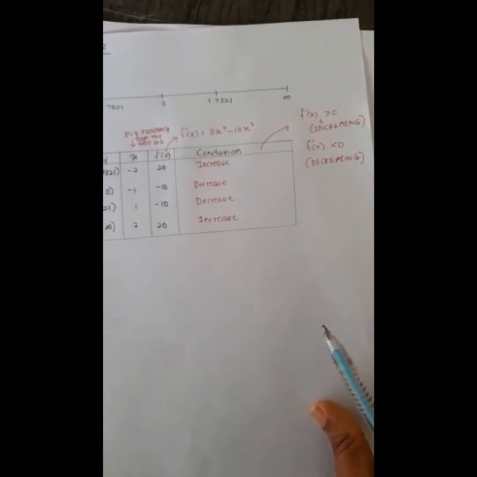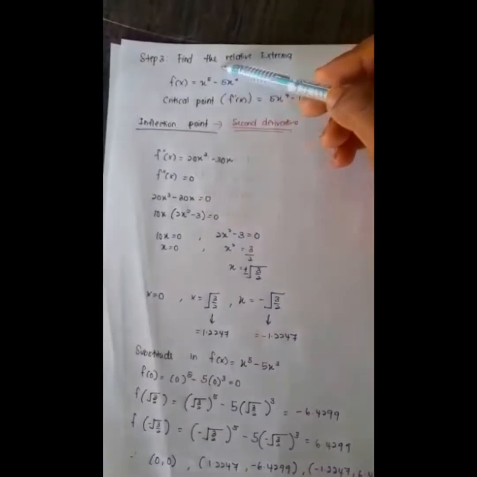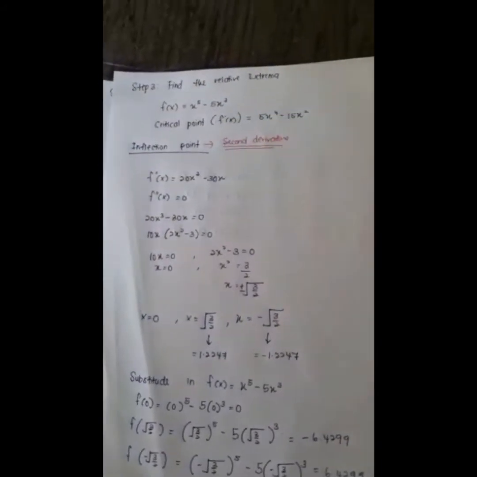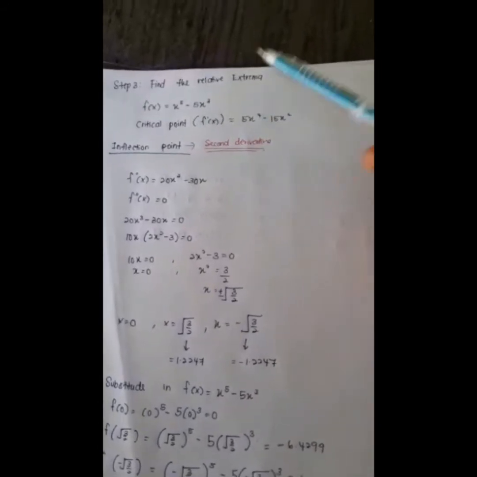So let's move to step 3, in which we have to find the relative extrema. With the function given, we also find the critical points with the first derivative function.